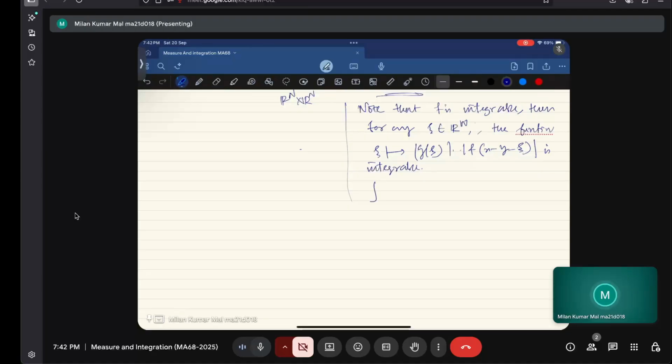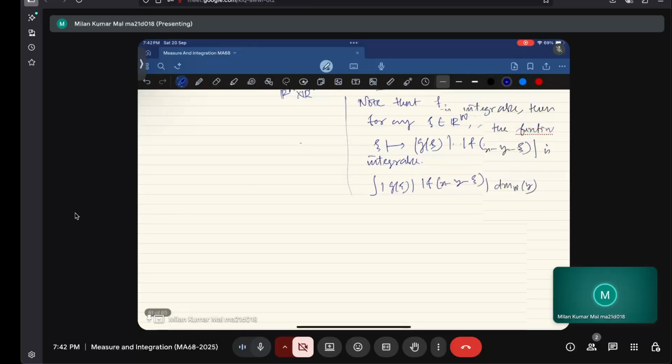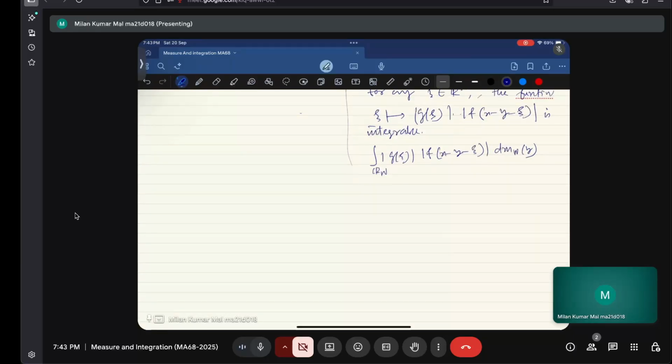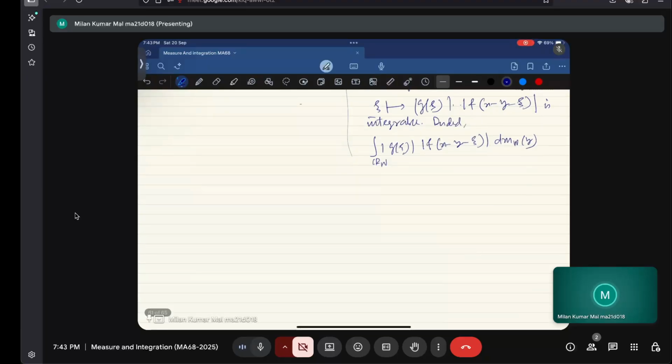Because the integral over R^n of |g(ξ)| |f(x − ξ − y)| dm_n(y) is finite: obviously |g(ξ)| is there, no problem.